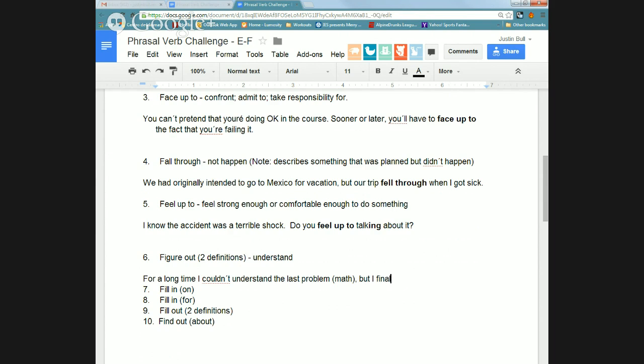It's very similar to understand. Understand could work here. Realize? Good guess. Let's think of the context of math, though. Calculate. Yeah, kind of similar. Sort out. Yeah, sort out. Logically find the answer to a problem. Solve. Very good. Solve a problem by thinking about it.